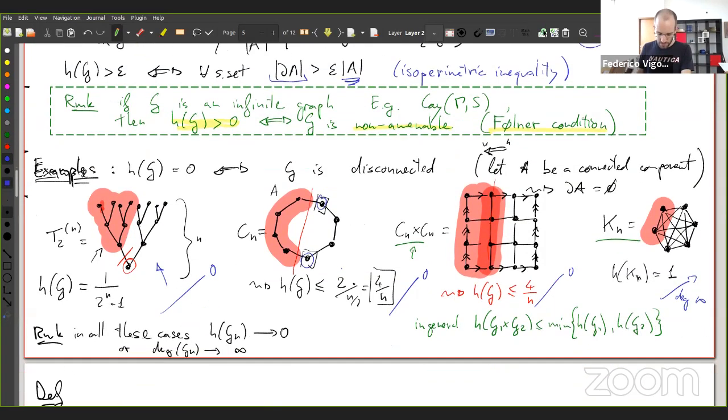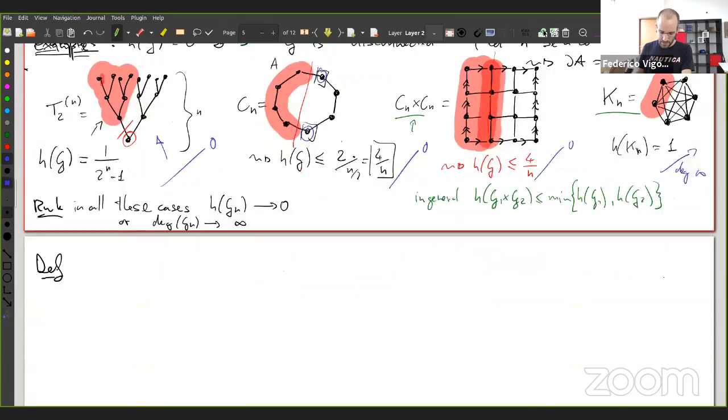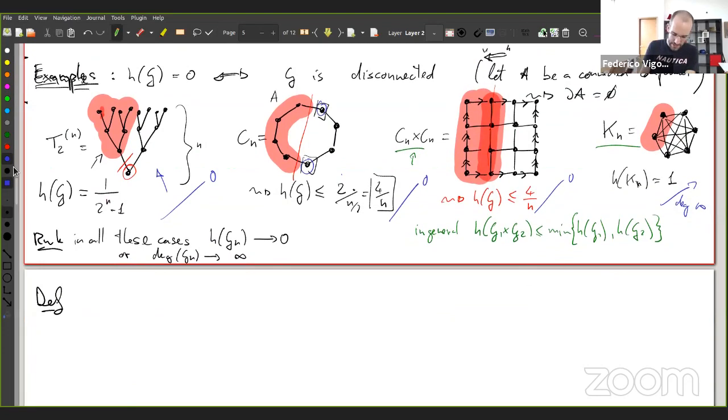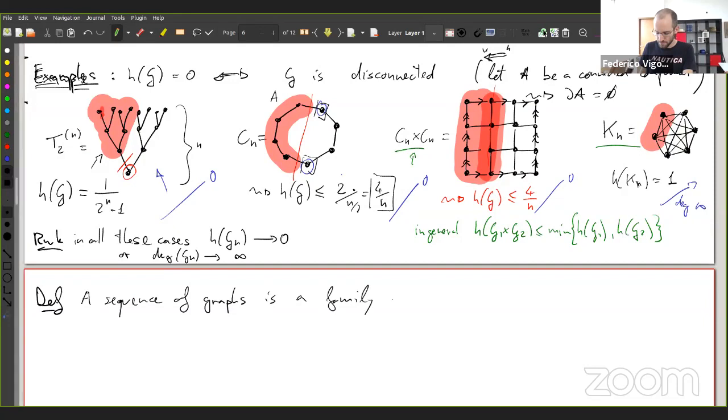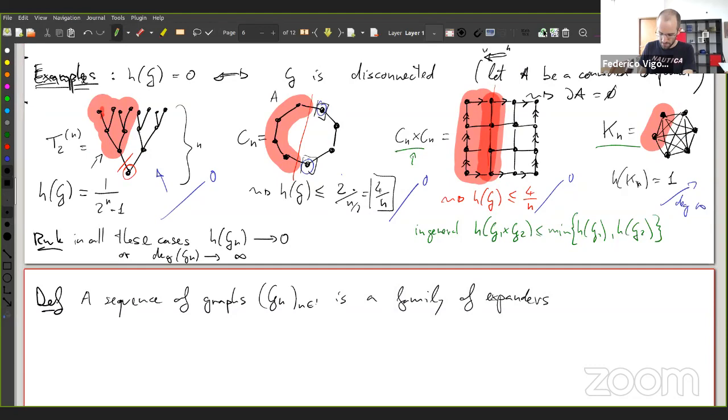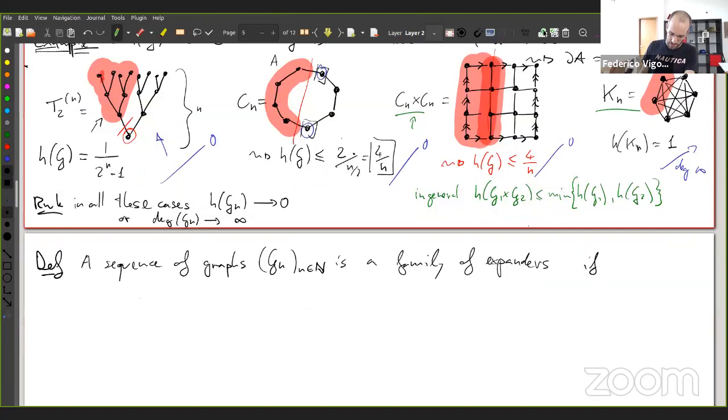And so now we give a definition, and we say that a sequence of graphs Gn is a family of expanders if the following conditions hold.